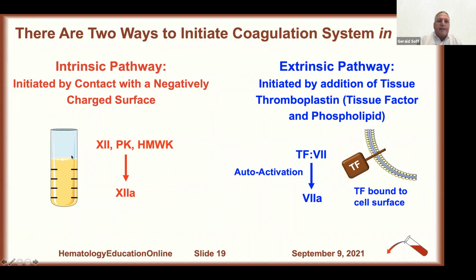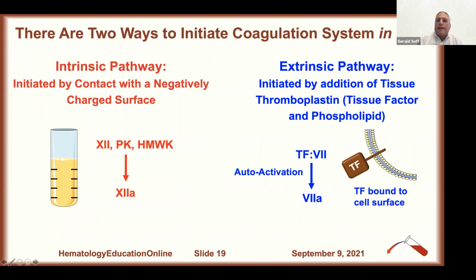Originally it was glass, and now there's chemicals that are added to the mix that has a negative charge. The result of that is factor 12 can become activated using prekallikrein and high molecular weight kininogen, and we'll tease this out in a moment, resulting in factor 12A. So this is how the intrinsic pathway gets activated in vitro. This is the beginning of the PTT.